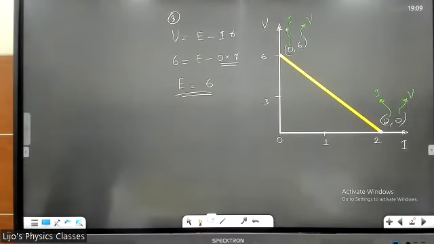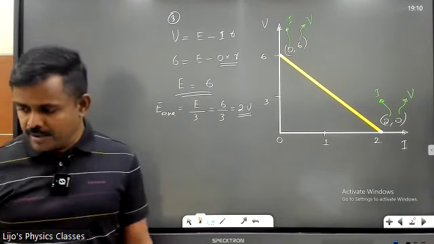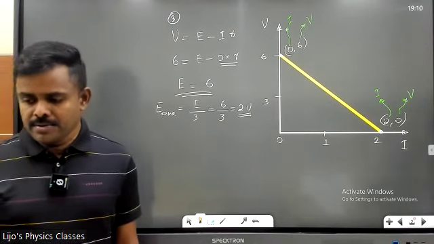If they are not identical, they will tell you. Otherwise, identical is implied. Okay, so E1 will be E by 3, that's 6 by 3 or 2 volt. I got the EMF of 1 cell now.